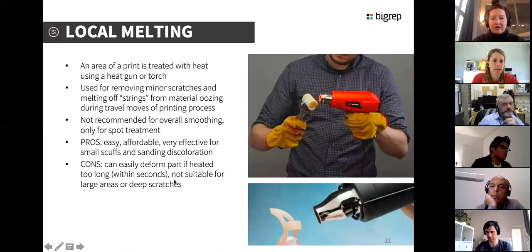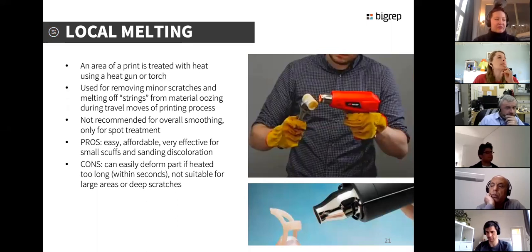Okay, and now we're on to the third category, which is property changing. The first one, if you've ever 3D printed something, you might have tried this. It's just local melting. You simply heat an area of a print to remove minor scratches.